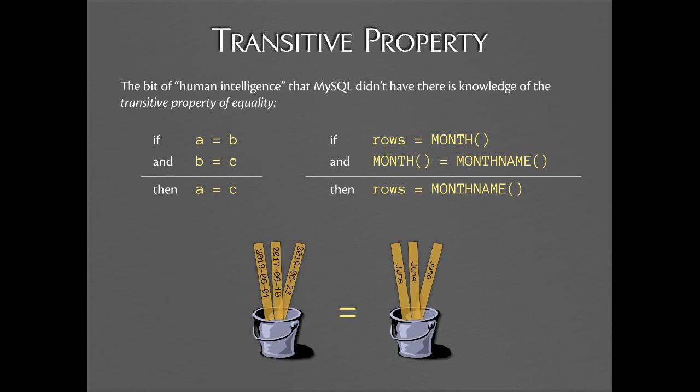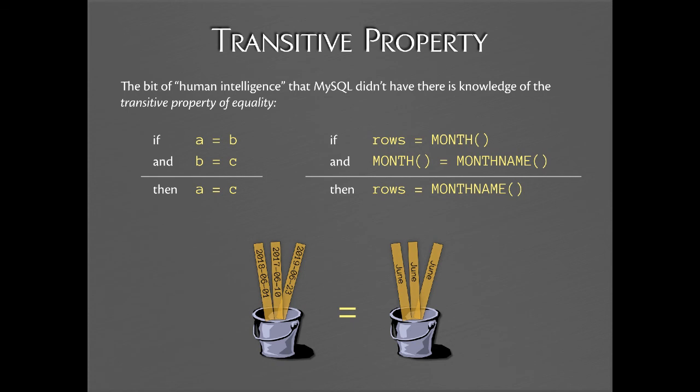So on the human side on the right, it's intuitively obvious, like everybody is going to see that. This is just what it means to have common sense in the world. We can see those sorts of patterns. MySQL has not been taught the transitive property of equality, and so it can't jump to the same conclusion. And because it can't, that's why we get this error. And because MySQL doesn't know the transitive property, this error does not look like common sense to us, right?